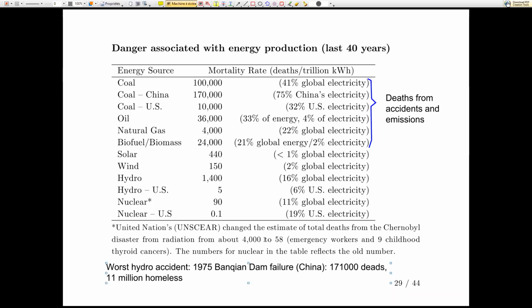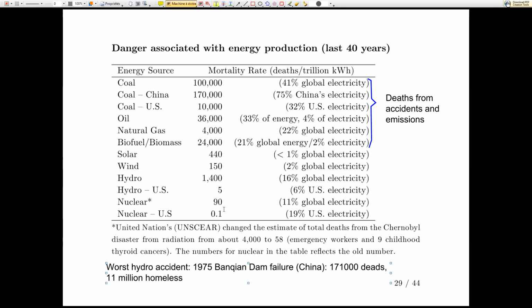But the more recent numbers say that the total number of deaths is maybe 58, and 9 thyroid cancers in children. There might be a bit more cancer incidence, but you cannot claim that they really cause death. So that's probably one order of magnitude lower than that, so maybe 9 or something.